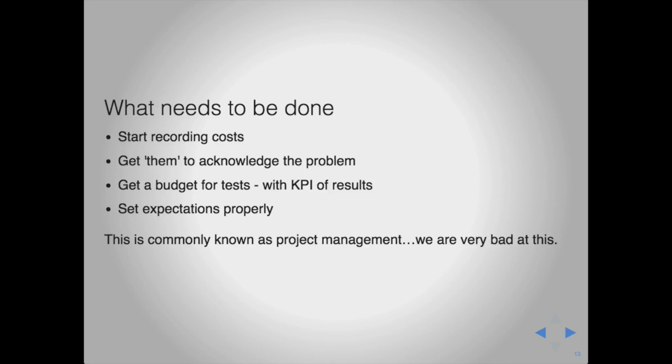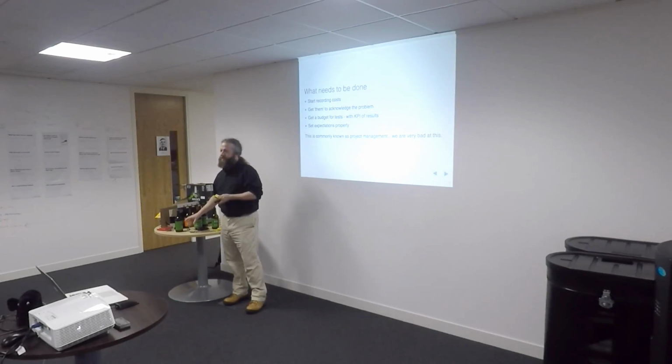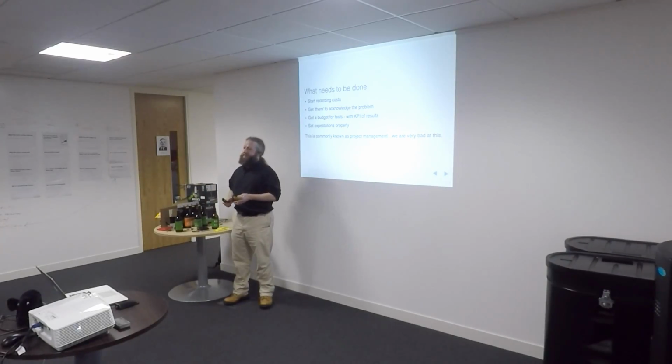And just to summarize what I've said so far, you need to record costs and you need to set budgets. By which I mean, talk to the finance guy and say, we should be spending 20% of our time writing unit tests, and that will save this much development costs over the next 6 months.